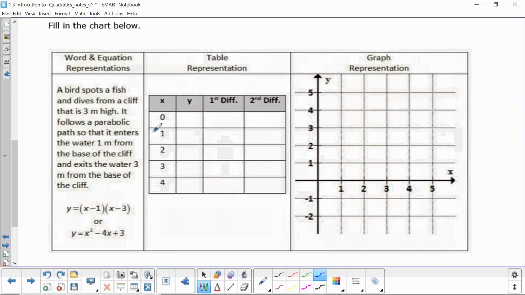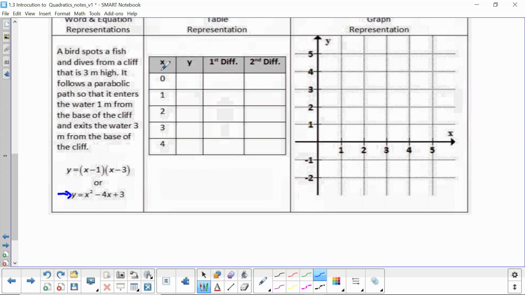Now we sub in x equals 0. These two expressions are equivalent, so we are just going to use one of them to fill in the table of values. Let me pick the second one. When x equals 0, we do the substitution.